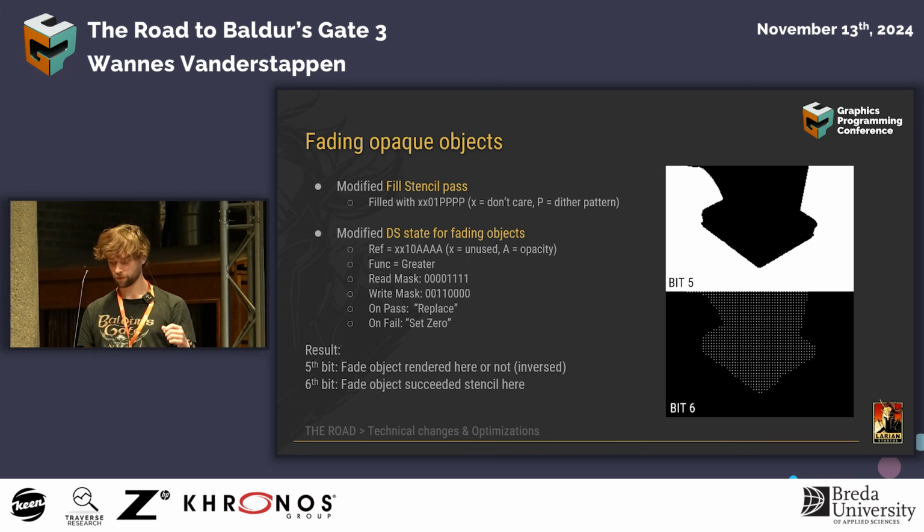Why an inverse mask in bit 5? Well, basically because there is no such thing as a set 1. We could increment or decrement, but we wanted to support multiple objects fading on top of each other. So we used set 0, and that's why the mask is inverted.